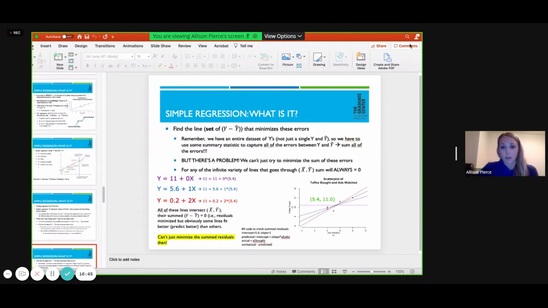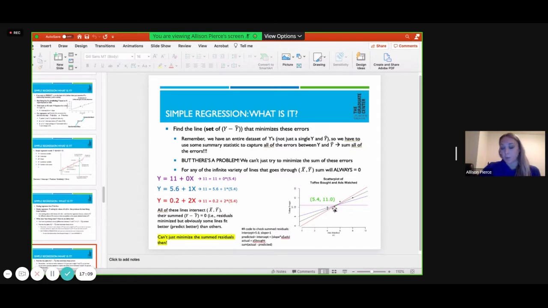So I have this code in R that we can go through. Essentially, we could draw a whole bunch of different lines here. I could draw a horizontal line. I could draw this blue line here. Our task is really to find out how we get the best fitting line and how we minimize all of our residuals.